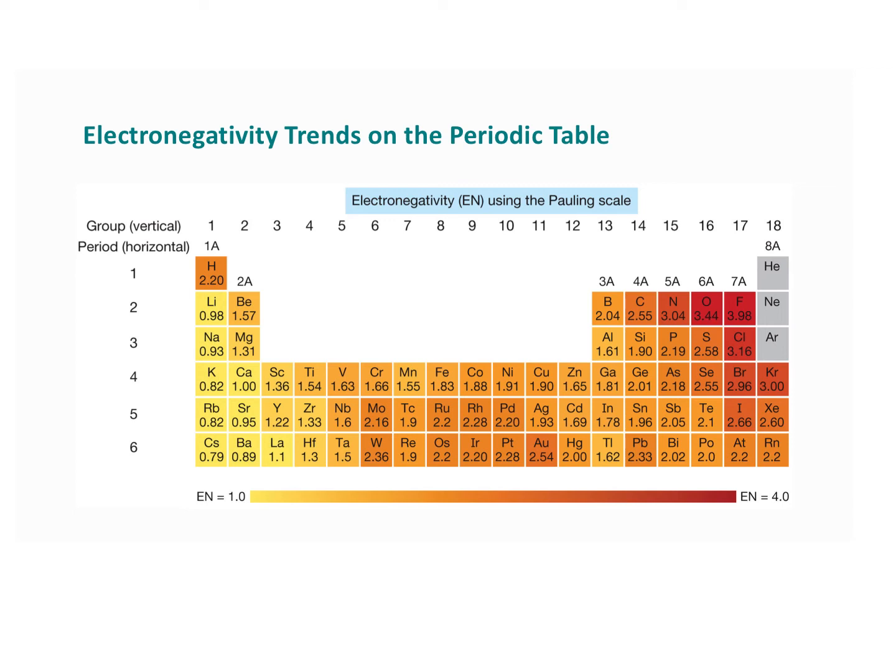But the important thing here to understand is that electronegativity values increase from left to right on the periodic table. So we're going to increase this way, and they also increase from bottom to top. So we're going to increase this way. Now, I've always told you to ignore the noble gases, and we can still pretty much sit with that, but I do want to show you now that some of these here do have a little bit of electronegativity.